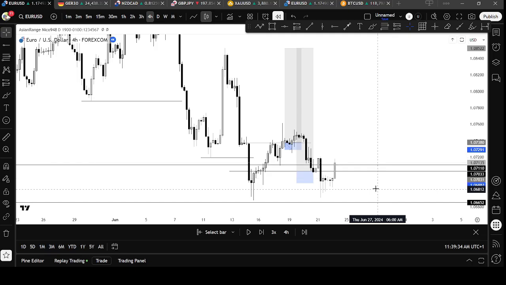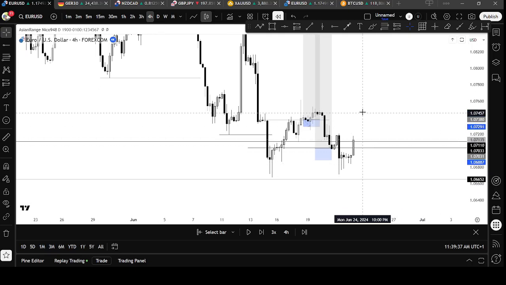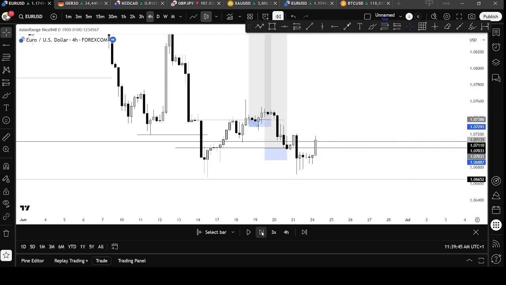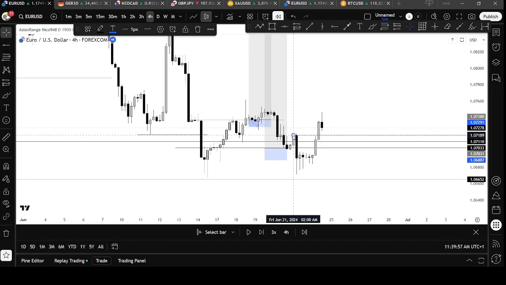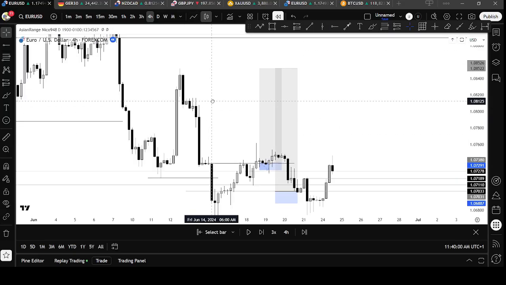Okay, price took us out here. Now we look for another storyline here to start buying. We have a break here, we look for another confirmation.